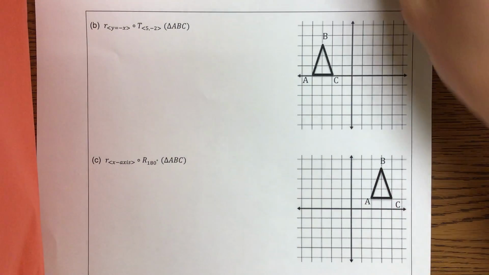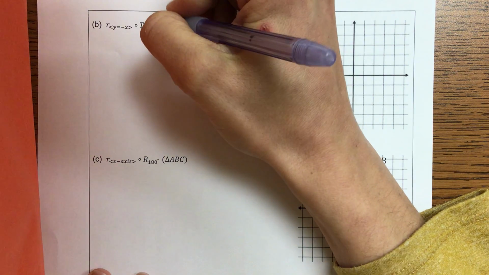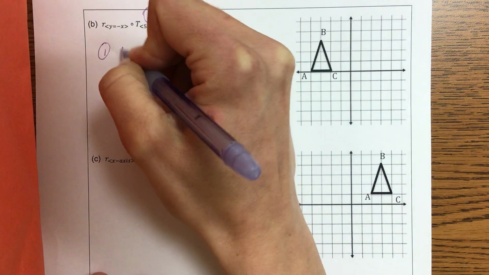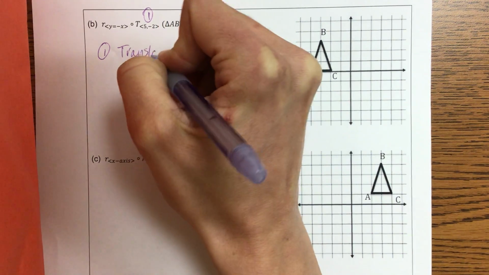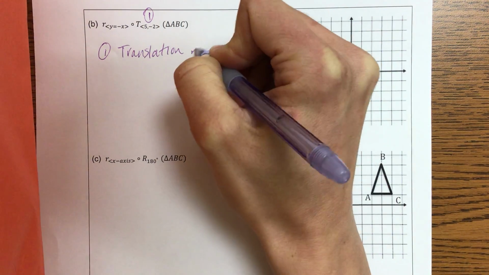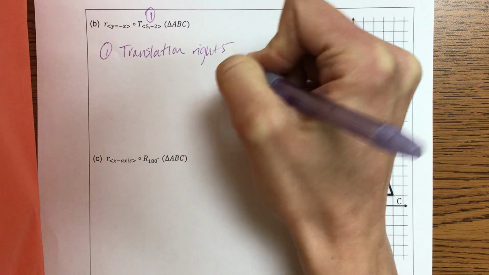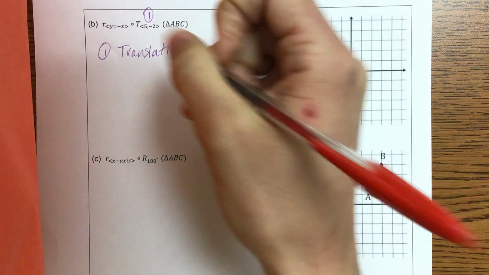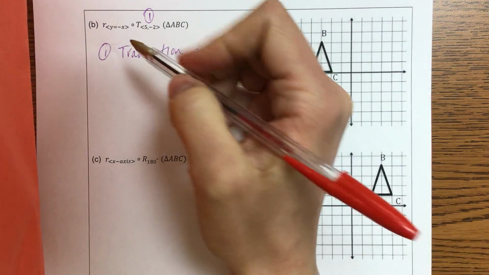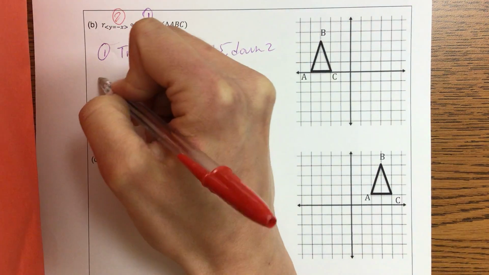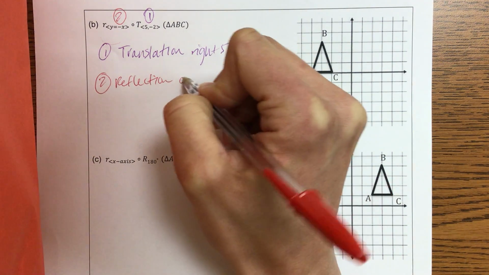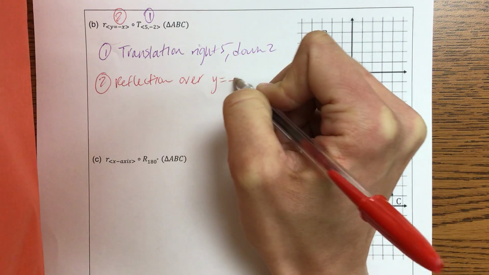Okay, again, whatever is listed to the right is what happens first. So this guy happens first, the translation right 5, down 2, and then the reflection here happens second. Reflection over y equals -x.